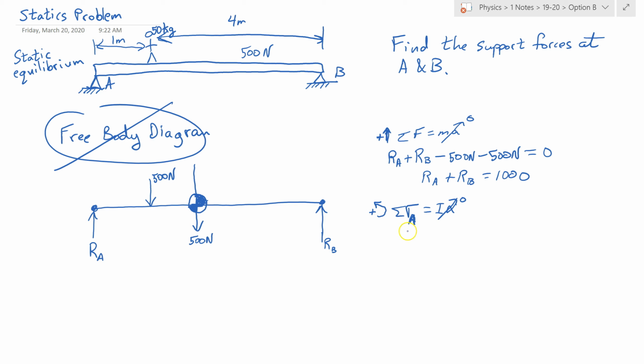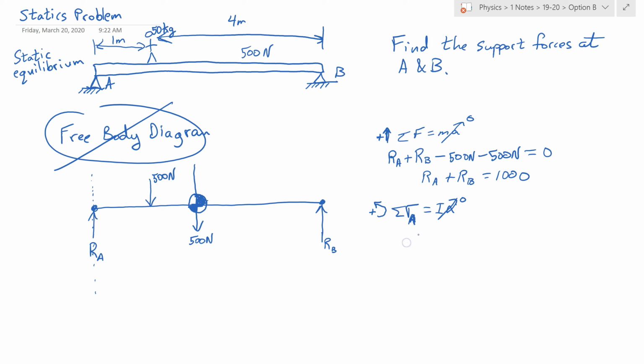So if I choose point A, what torque does RA exert around point A? You could try using the R perpendicular times F form, but if you draw the line of action for RA, it goes through the axis of rotation. So there is no R perpendicular. R perpendicular is 0. When forces have a line of action that goes through the axis of rotation, they're never going to exert a torque.